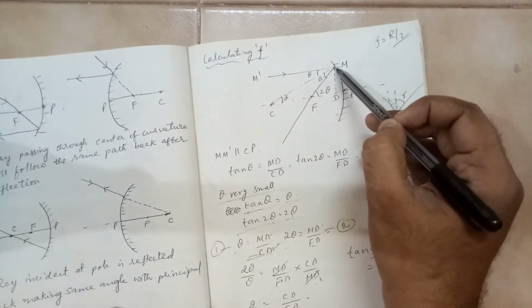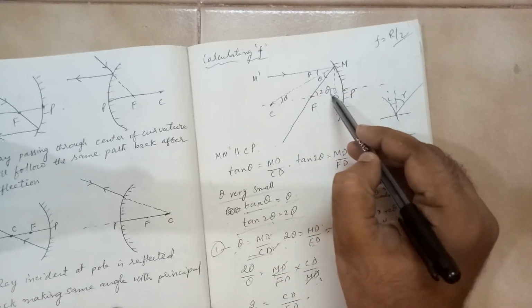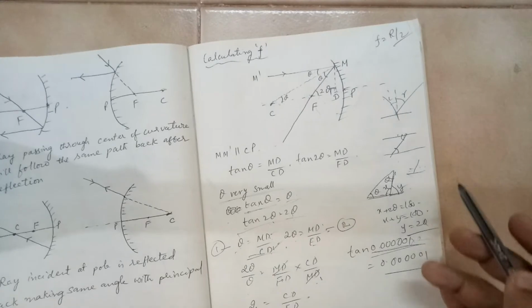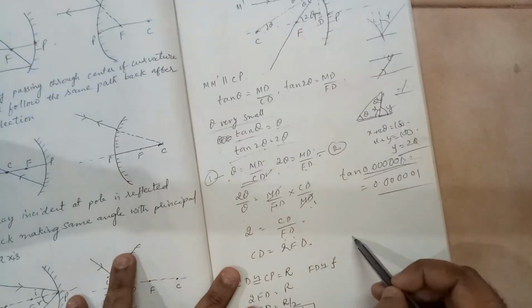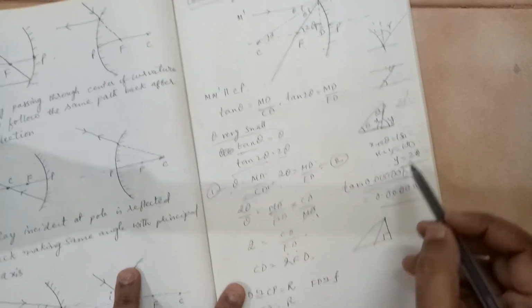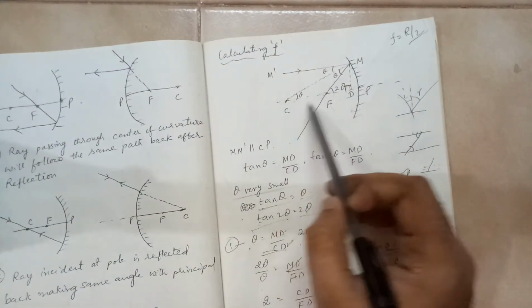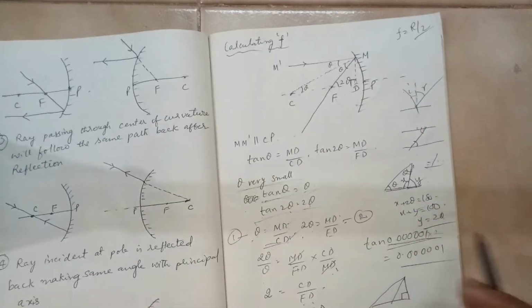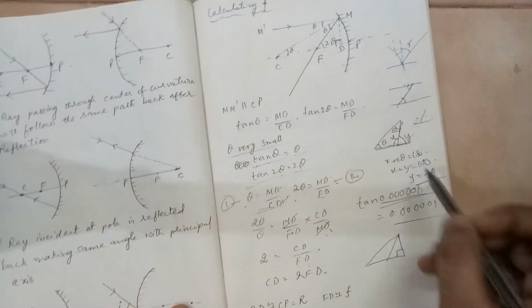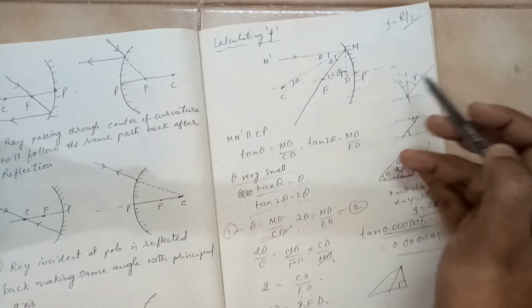Basically we have dropped a perpendicular from M to the principal axis, so this angle is 90. I forgot to tell you that. You have one triangle like this, another triangle. This is a perpendicular drop from M, and it is meeting the principal axis at D. Now the original thing is that this curvature length itself is very small.